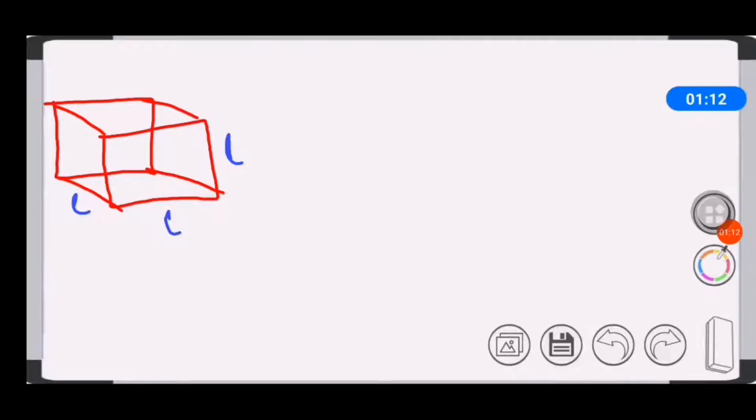So your objective here is to find the area of all the 6 faces: the front face, the back face, then the left and right faces, the top and the bottom faces. All of these 6 faces, you need to find their areas.